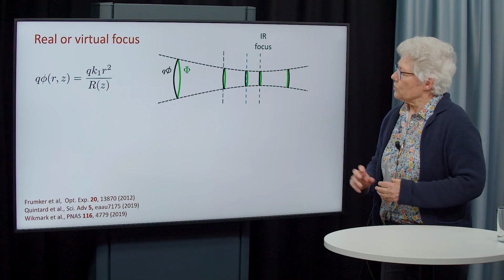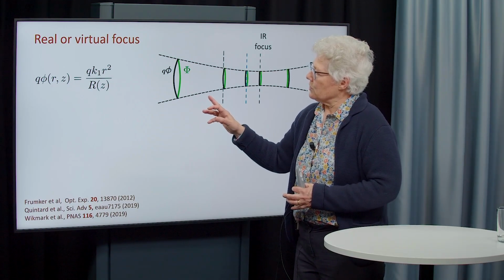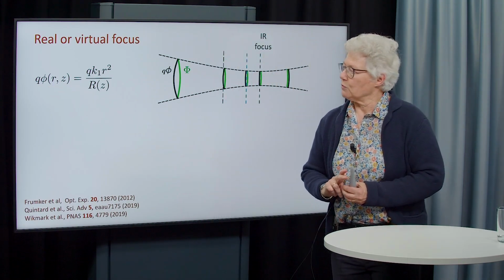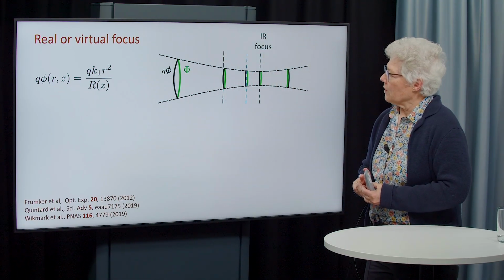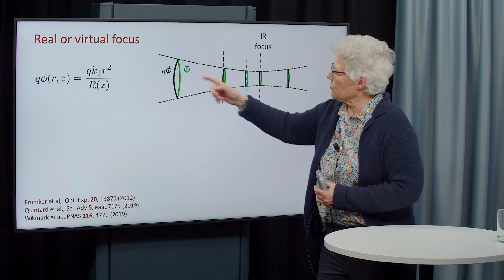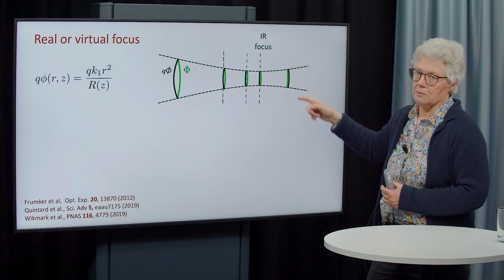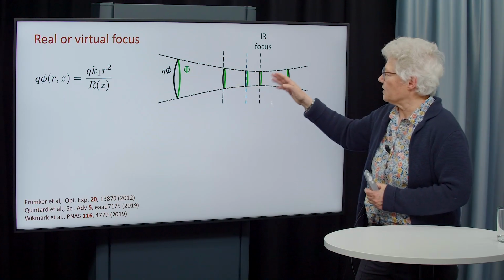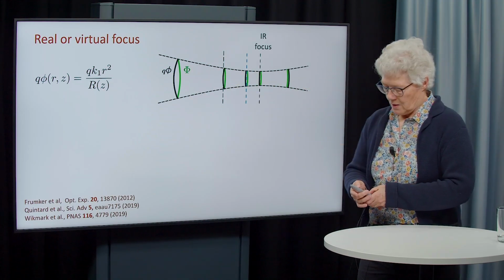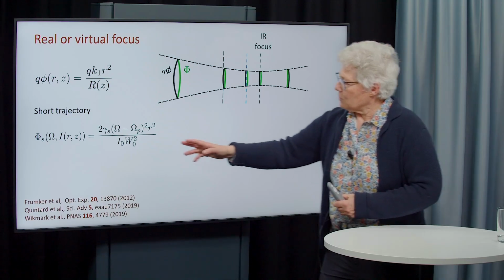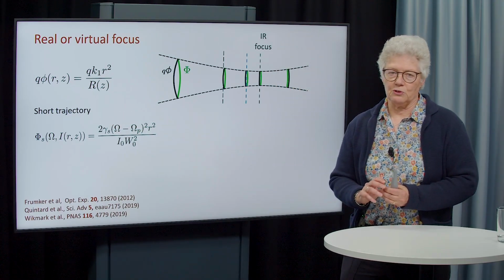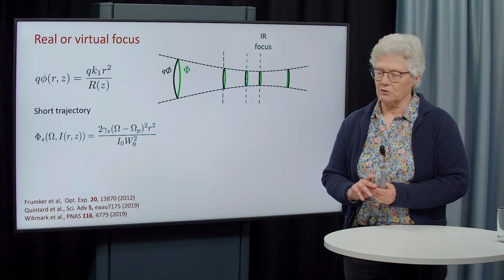Now let's look in more detail at the influence of these two terms. First, the transfer of the phase of the laser, leading to the wavefront, which is indicated here in black. And this wavefront is varying from negative to positive. Now let's focus on the case of the short trajectory, using the parametrization that I have presented already.